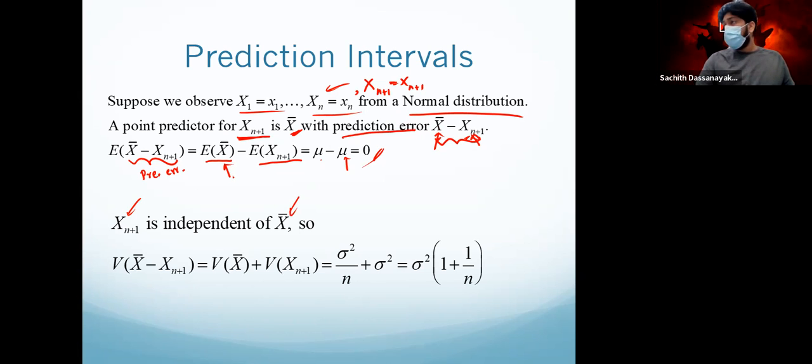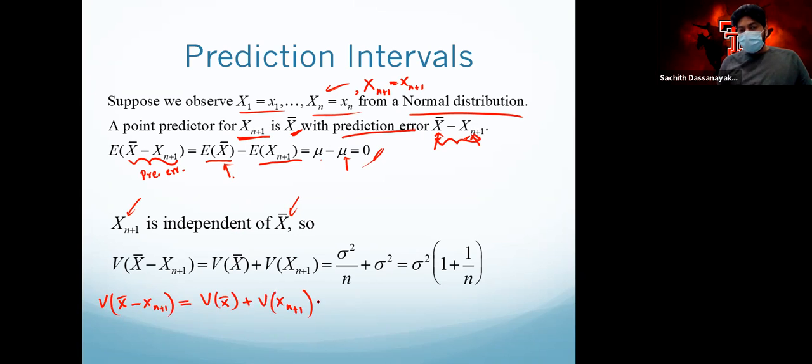Since they are independent, once we calculate the variance of the prediction error, this equals the variance of x bar plus the variance of x n plus 1, minus 2 times the covariance of x bar and x n plus 1.